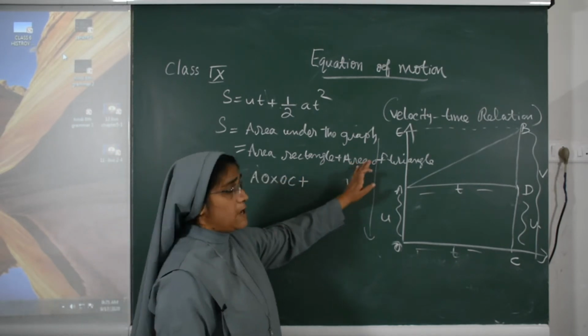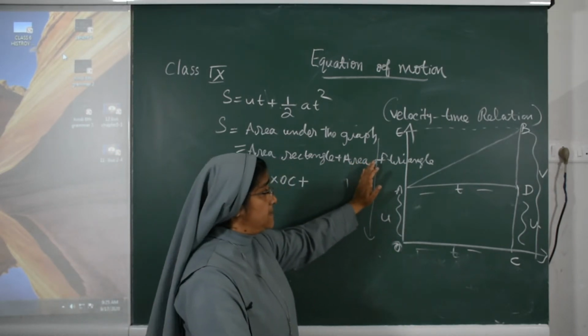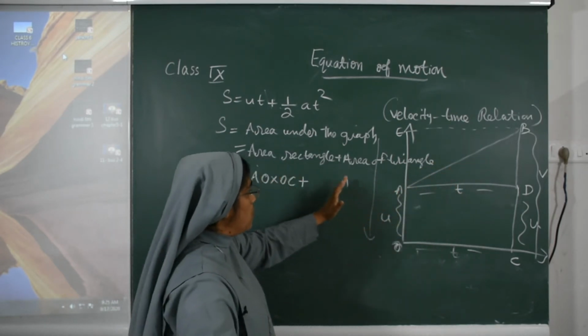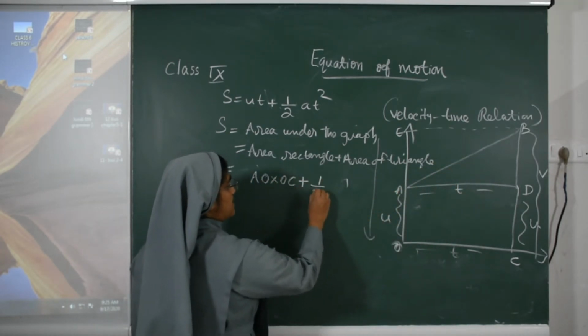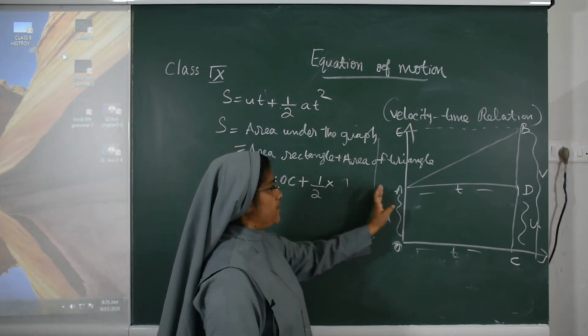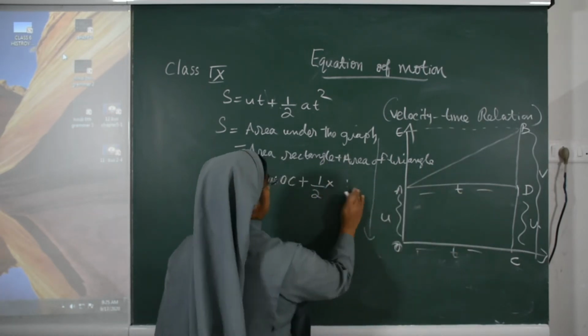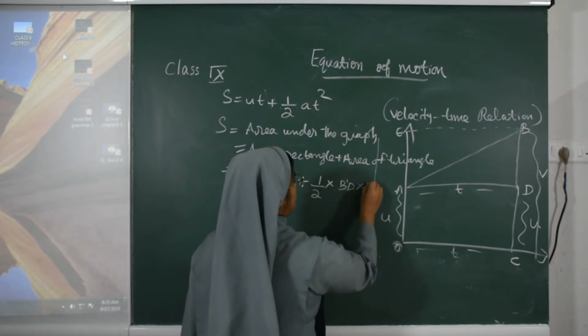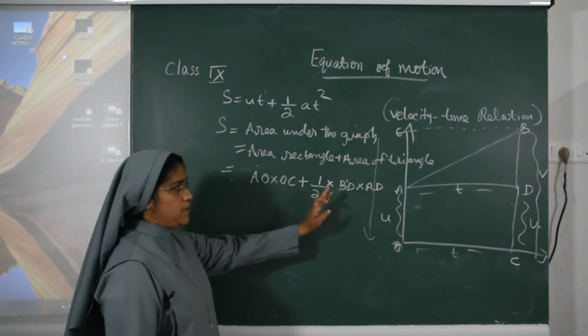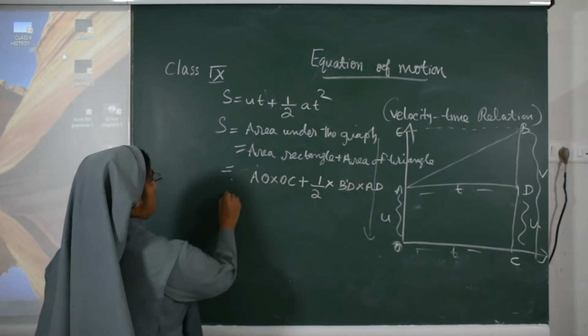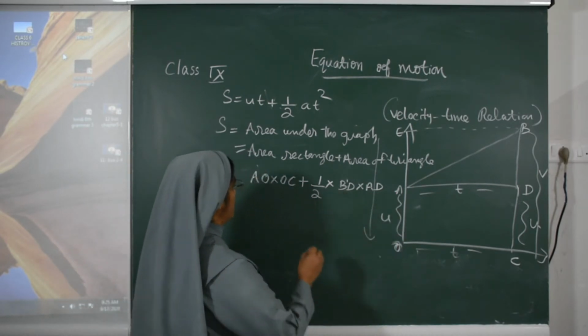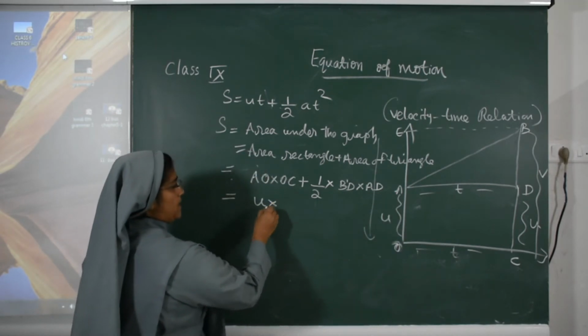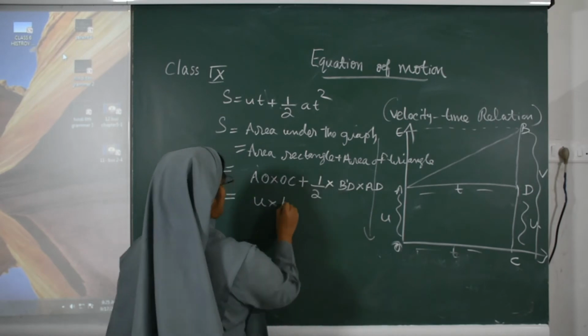Area of a triangle means half into length into breadth, so half into BD into AD. Now AO means u, initial velocity, into OC means t.